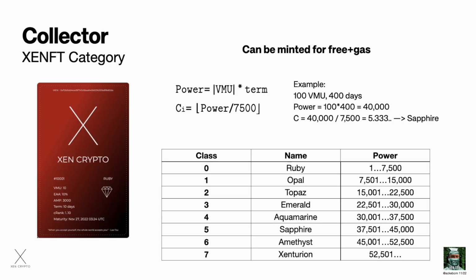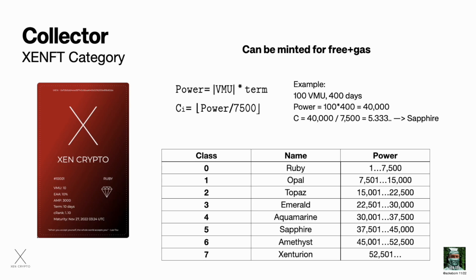Then you have the Collector NFT category, which can be minted for free plus gas by anyone, anytime, any number of times. There's no burning required for the Collector NFTs, and you can choose as low as 1 VMU and a mint term as low as 1, of course.